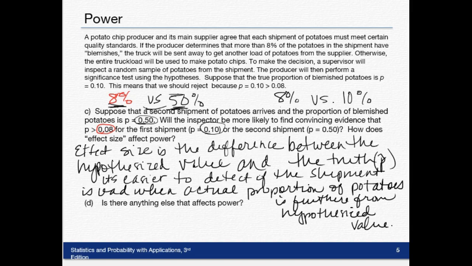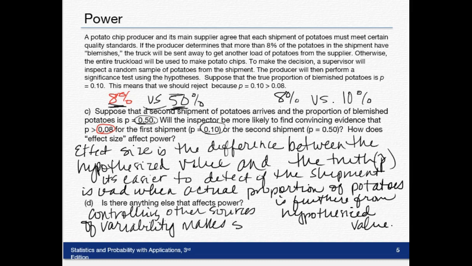Okay, so D just says, is there anything else that could affect your power? Yes, some things could, like controlling other sources of variability. Controlling other sources of variability makes sample more accurate.